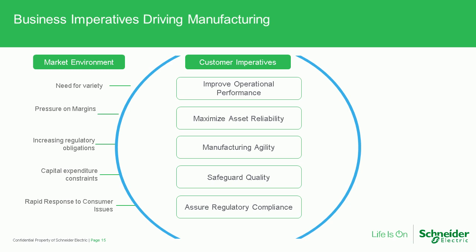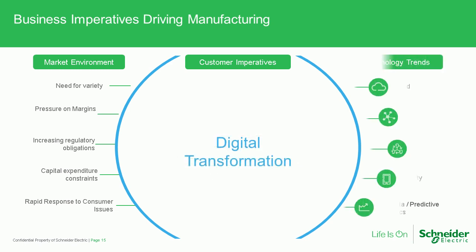So collectively, those are the business outcomes or the customer imperatives around digital transformation. And fortunately, there's a number of technology trends that I show over on the right here that have come along just in time to help manufacturers really affect those digital transformations and drive value from investments in those areas.